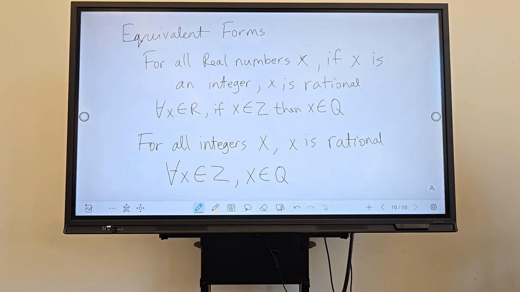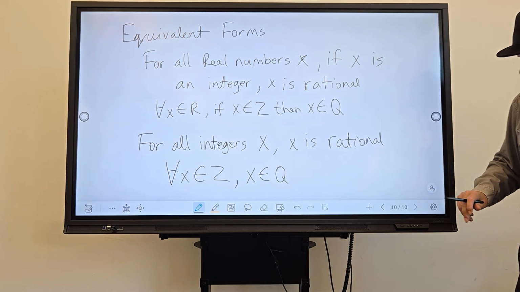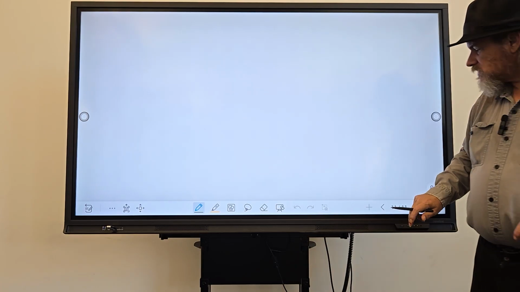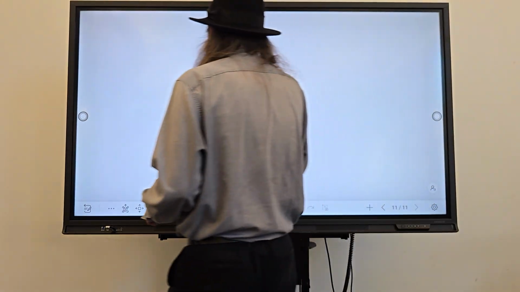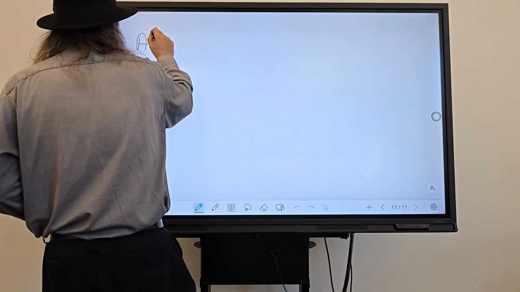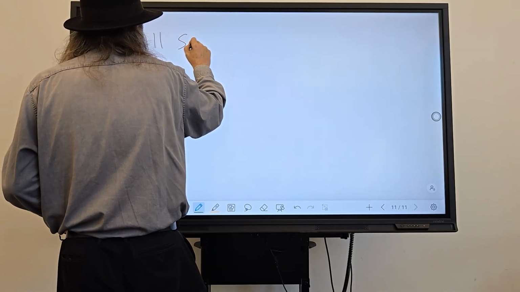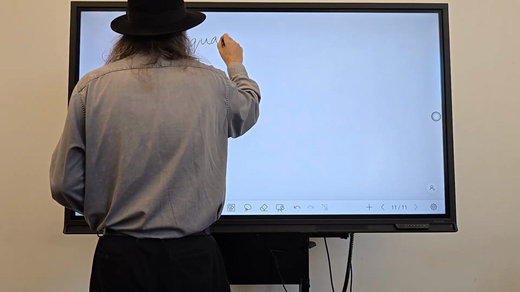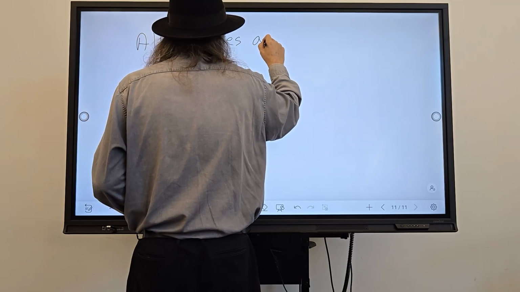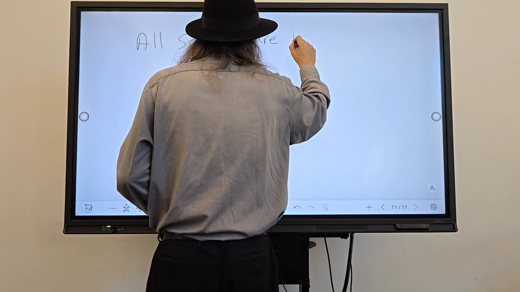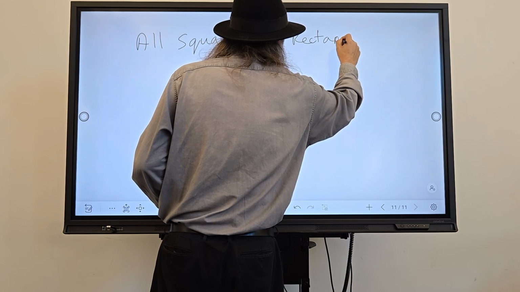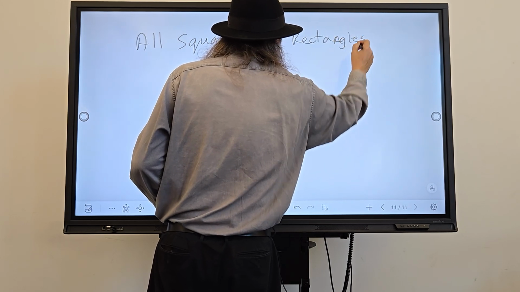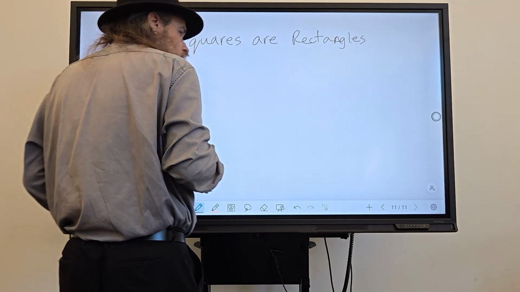All right, let's see here. An example here. All squares are rectangles. All right.